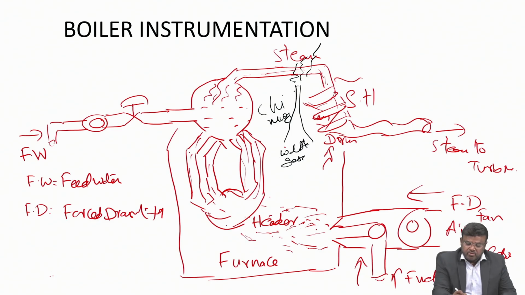flow into the atmosphere. However, we need to regulate the concentration of those toxic gases they are releasing into the atmosphere, which should be in the safe zone limits so as to protect the people who are living near the power plants. For this purpose, the chimney has an ID fan.